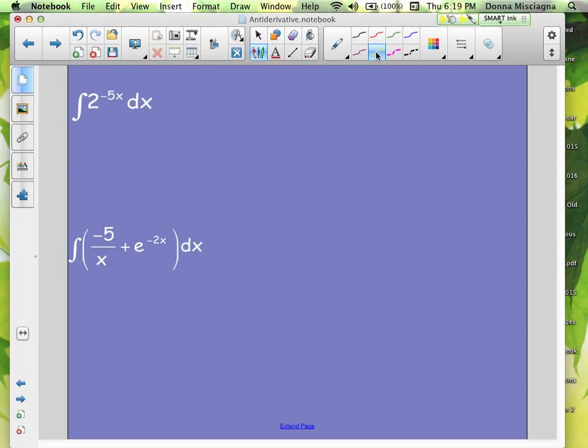All right, so we have the integral of 2 to the negative 5x dx, and notice that we have an exponential function there. Not only do we have an exponential function, that's a little bit of a complicated exponential function.